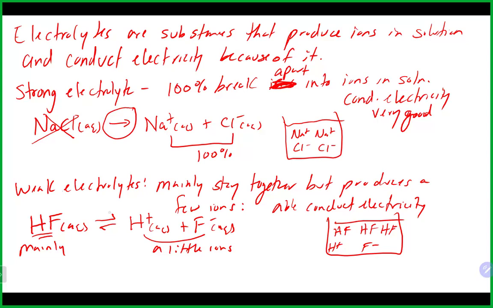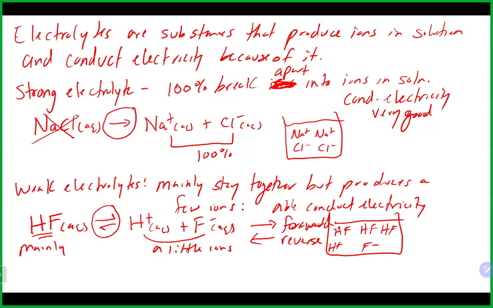In a weak electrolyte, you have arrows heading in both directions, and that implies that there is a forward direction and a reverse direction occurring. It's like a two-way street.